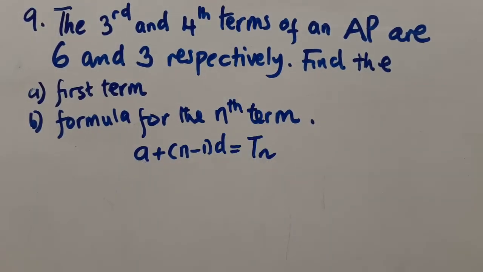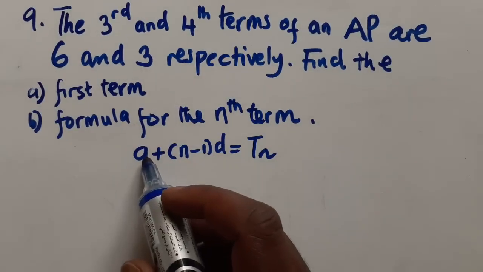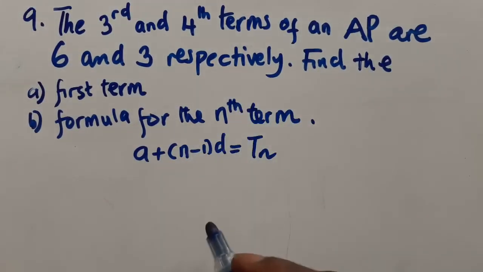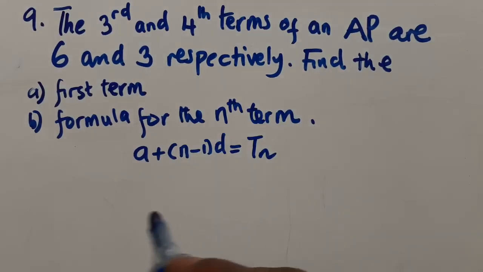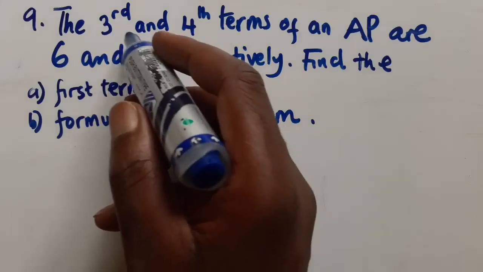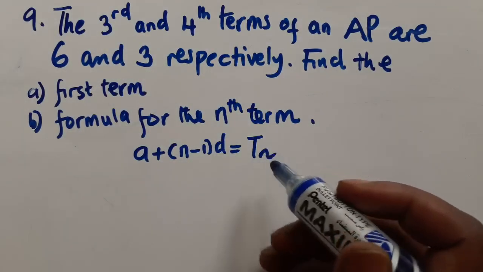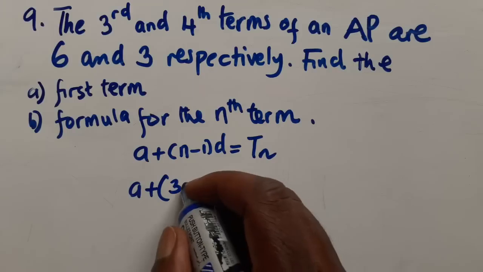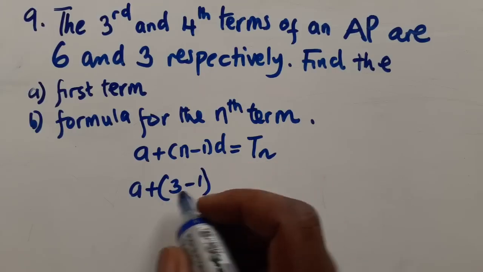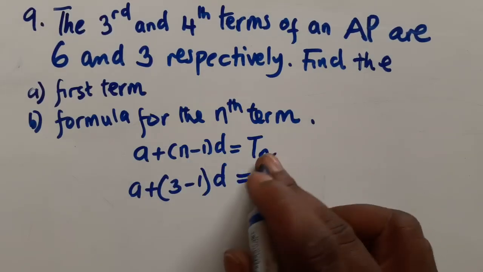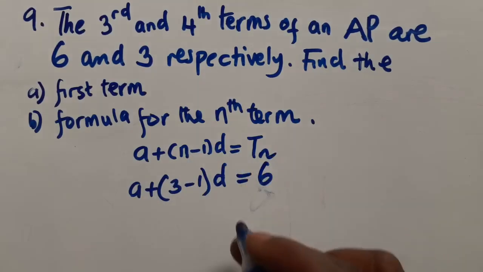Where a is the first term, n is the term number, and d is the common difference. So in this case, what do we know? We know that the third term, which is a + 2d, is 6.